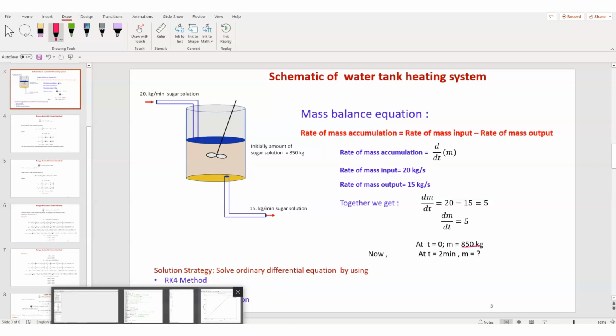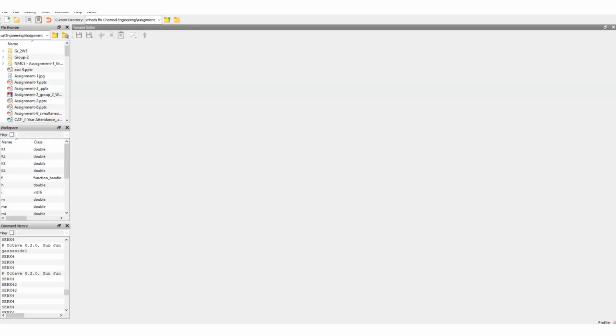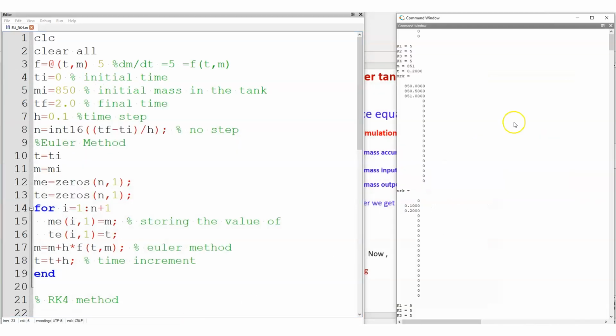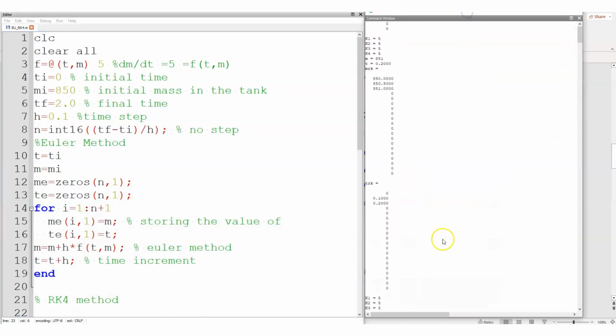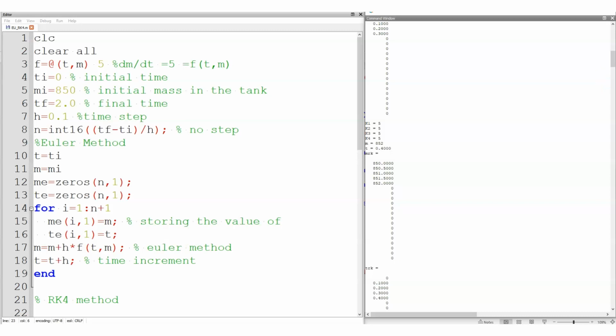Here I'm using Octave, but Octave and MATLAB commands are the same, so you can use that. Now here all this data is there. First I'm clearing the data with clc.